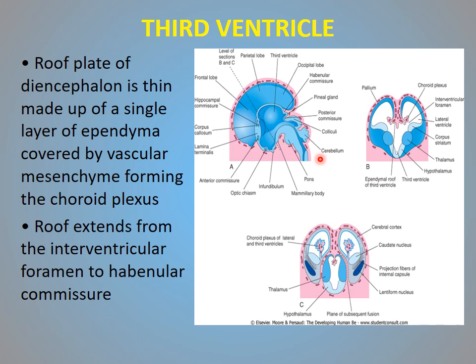So the roof plate of the diencephalon is thinned out, and it is made up of a single layer of ependyma covered by the vascular layer. Later on, it forms the choroid plexus.